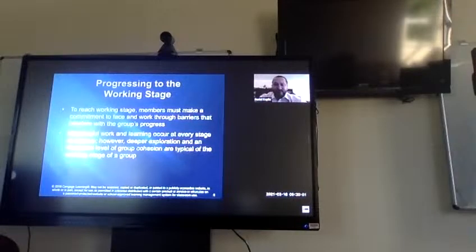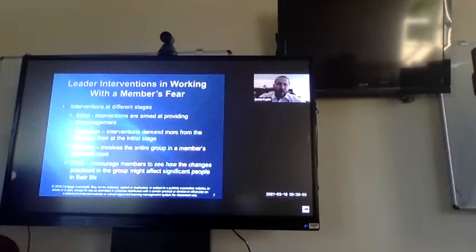So that's important. So interventions at each stage. One intervention we have at the initial stage is to provide encouragement. When we talked about the transition stage, the interventions demand more from the member than at the initial stage.